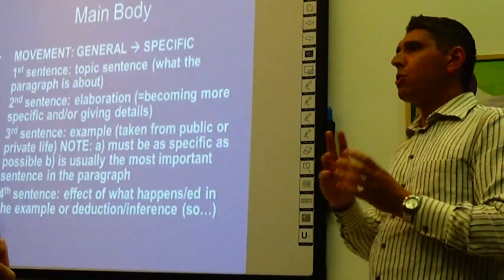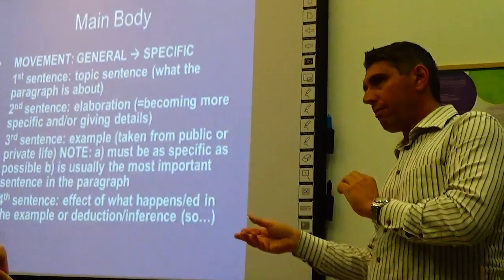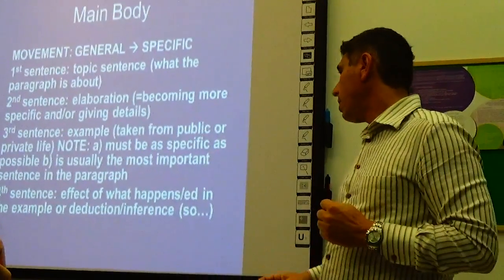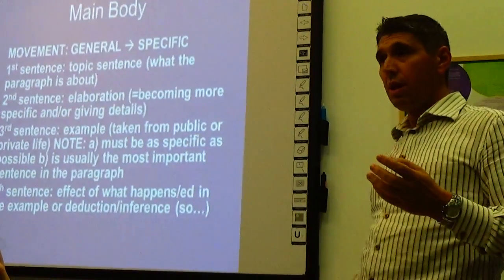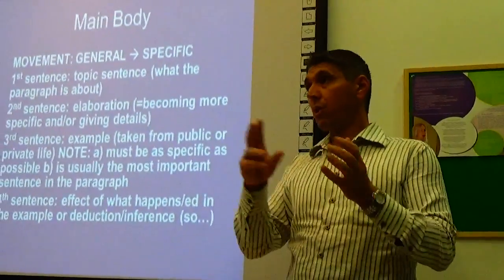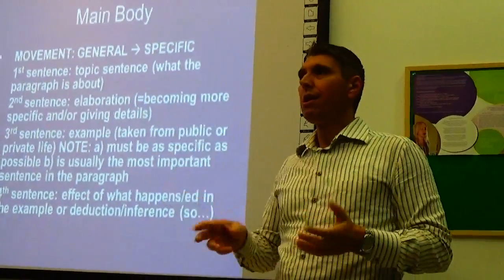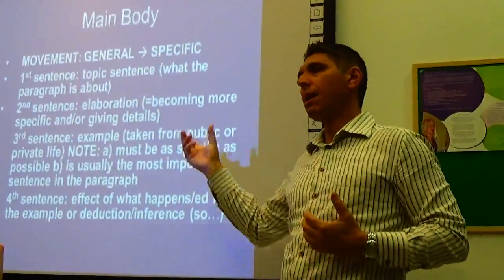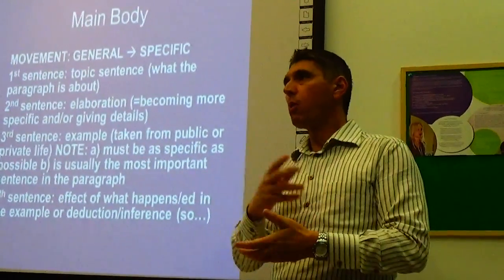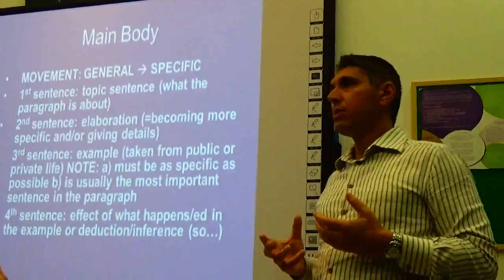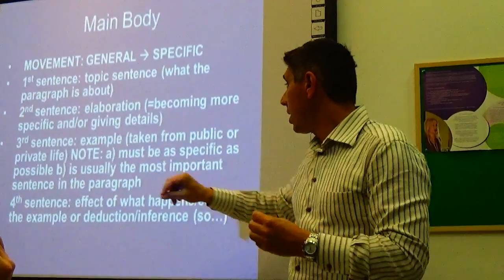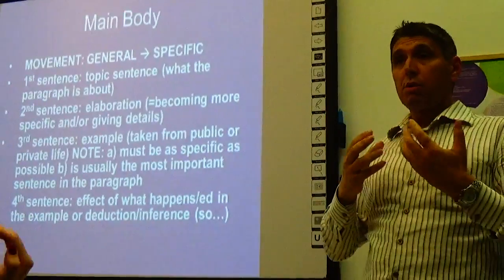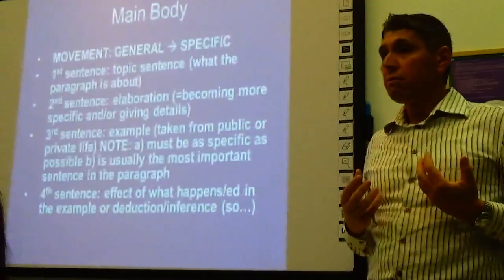You have to find a way to wrap up the paragraph and move on to the next one. Okay. So it can also contain a deduction or an inference, which means therefore or so. Because of what we saw here, we have to do something, we have to take some kind of action, or we have to change our way of thinking, or it's a way of linking the third sentence with the fourth sentence, is to say, so what? Because of this example, what does that mean?